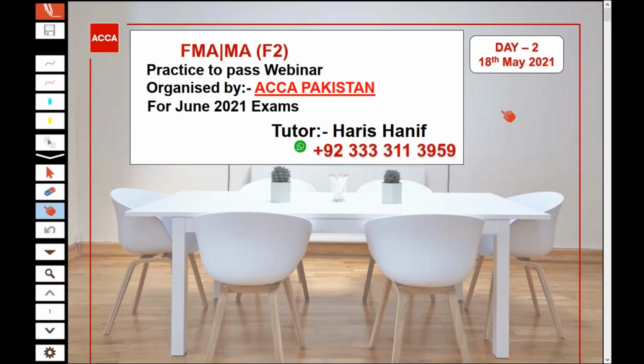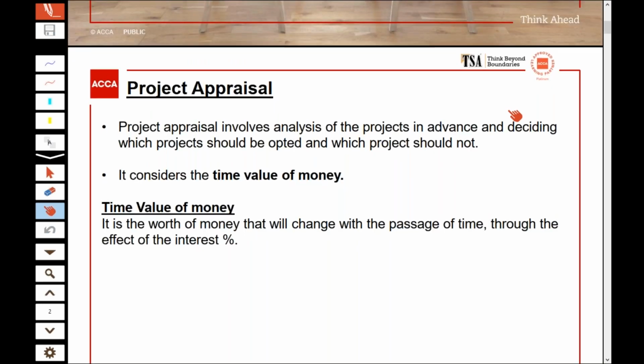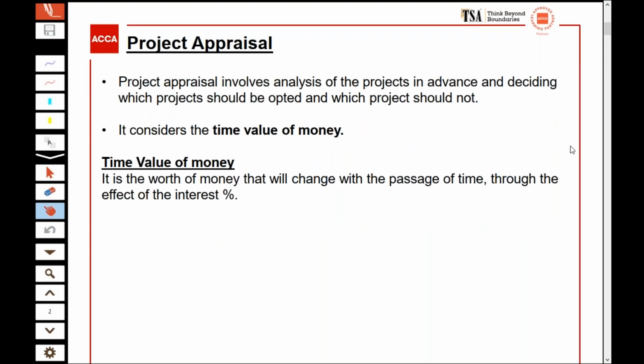All right, students. I'm now going to start the topic of project appraisal in day 2. First, let's analyze the words. A project is anything which you undertake in order to decide whether or not to invest. What do you mean by the term appraisal? Appraisal means evaluation, or you can say assessment.